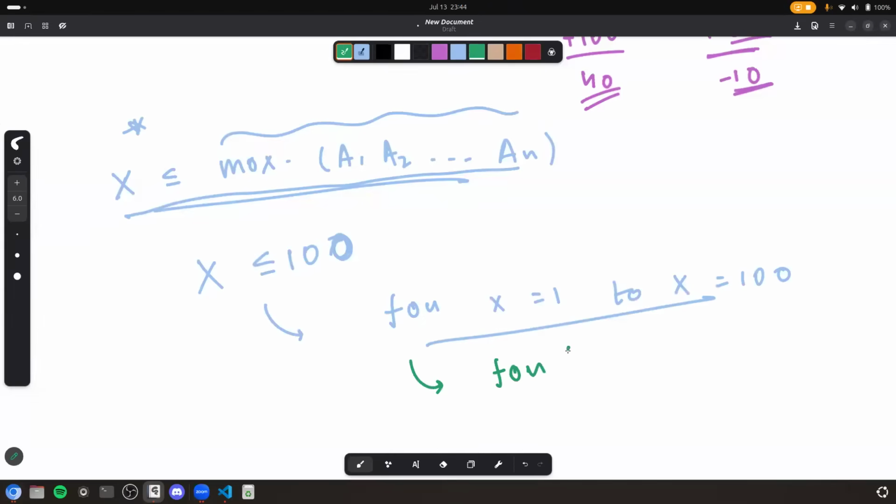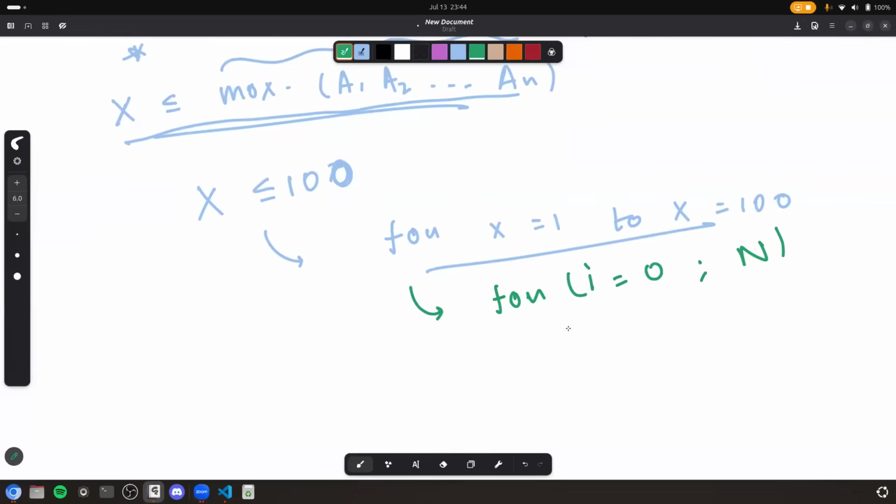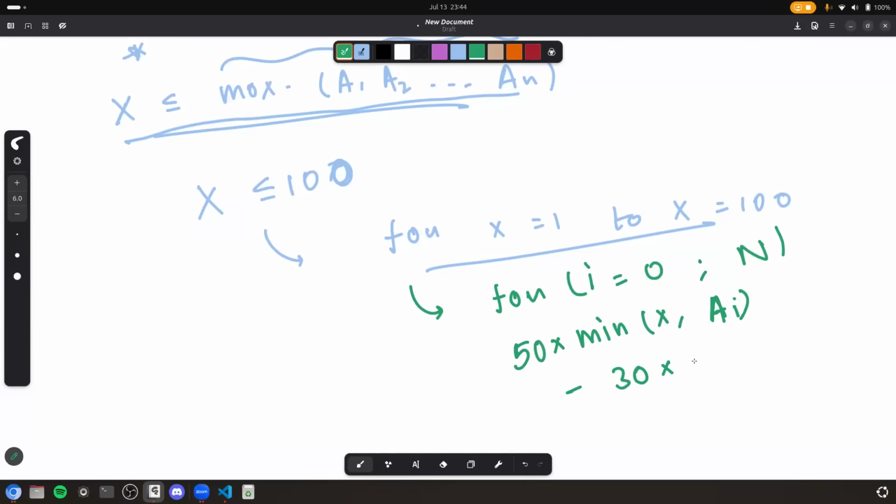Basically, for each day from 0 to n minus 1, we sell the minimum of X comma Ai cakes. So we get 50 into this and minus 30 into X. This would be the daily profit. And we can just sum this to get the profit for a certain X.